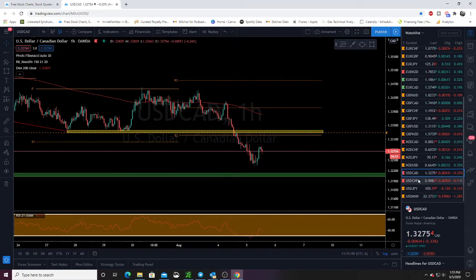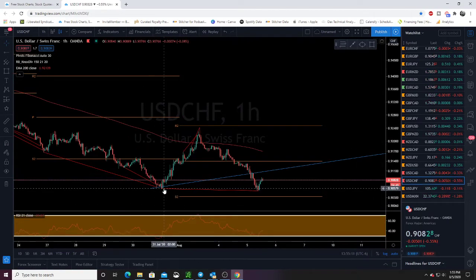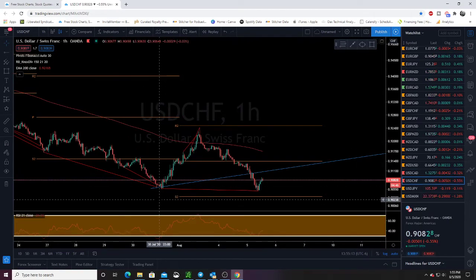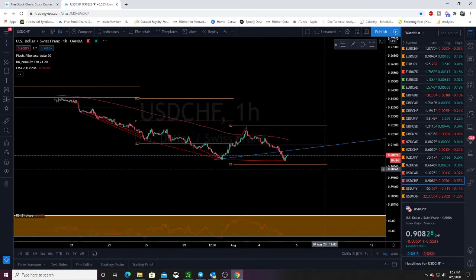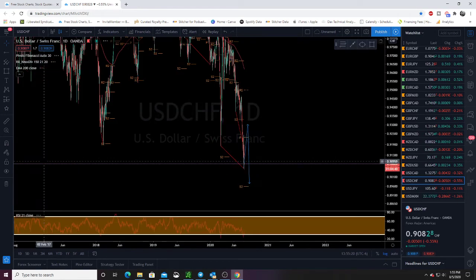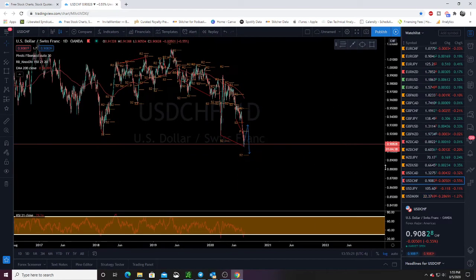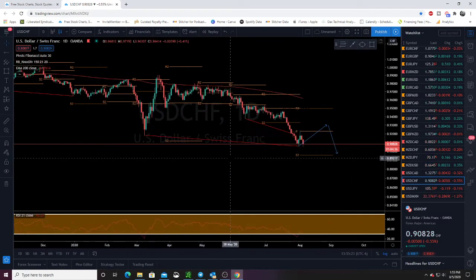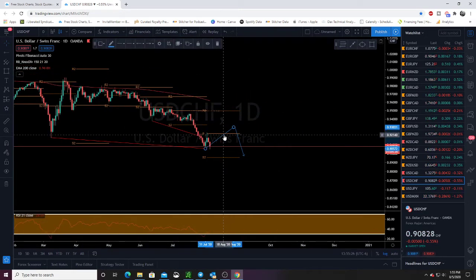There we go. USD Swiss franc. We're hitting a good bottom on the 1 hour. If we zoom out, where's our higher time frame? It's gone. Well, you can see we were looking for a bounce on Sunday.